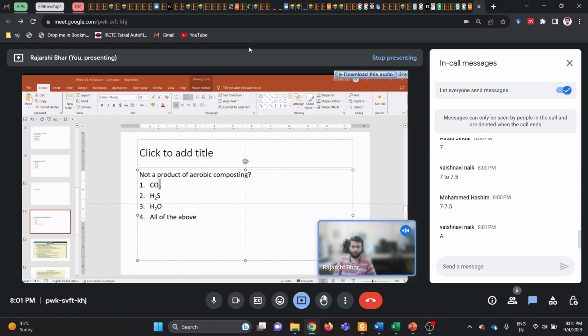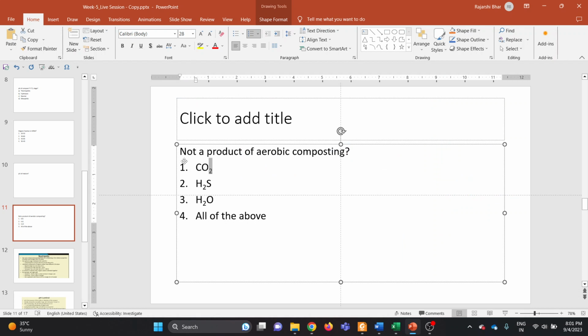Very easy question. You have to see which is not a product of aerobic composting. This "not a product" is the key for this question.